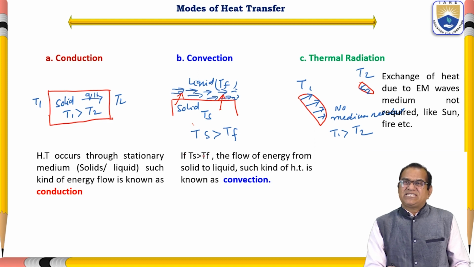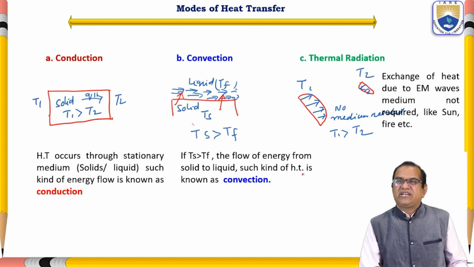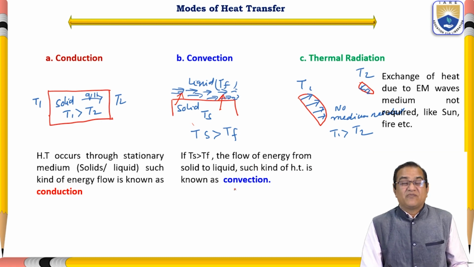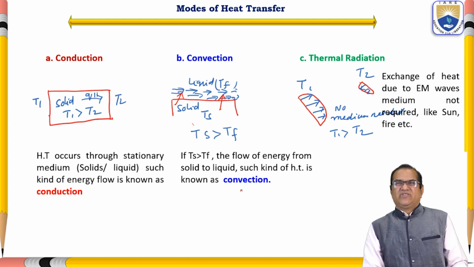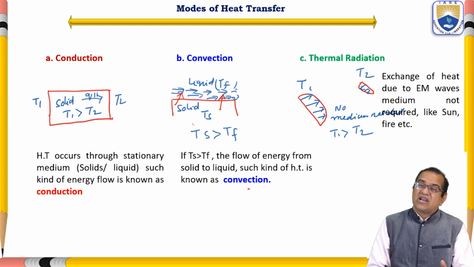If Ts is greater than Tf, the flow of energy from solid to fluid, or from fluid to solid, is known as convection.